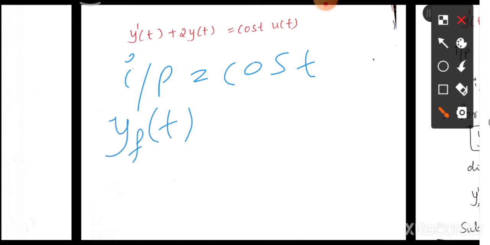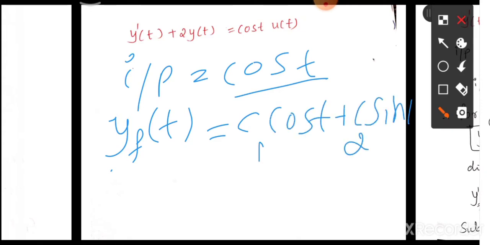Remember one thing, your forced response structure will be based on the input they have specified. So y of t will be equal to c1 cos t plus c2 sin t.